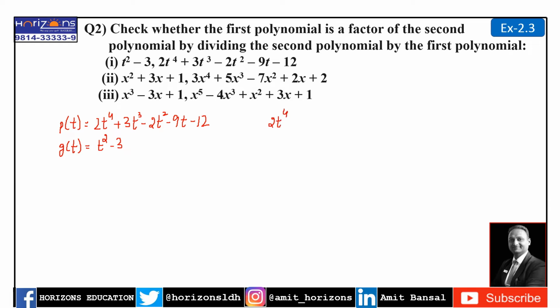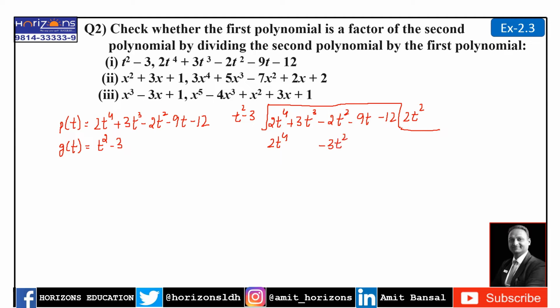2t raised to power 4 plus 3t raised to power 3 minus 2t square minus 9t minus 12, divided by t square minus 3. So to make t square equal to 2t raised to power 4, I will multiply it by 2t square. 2t square into minus 3 will be minus 6t square.